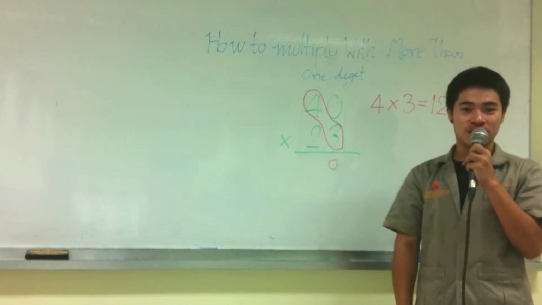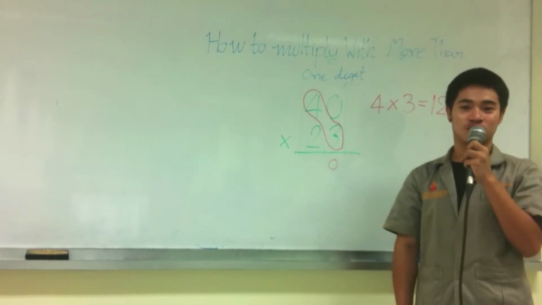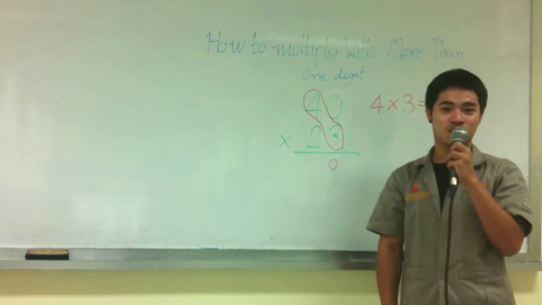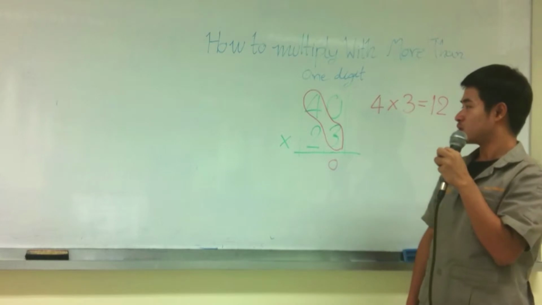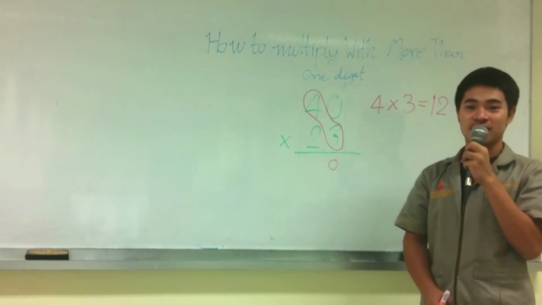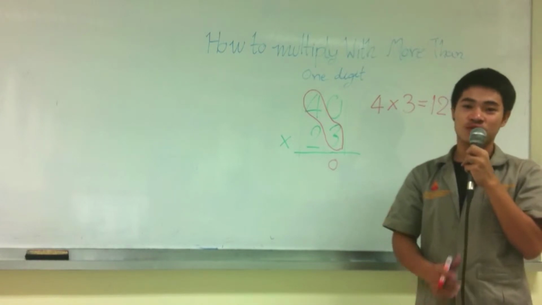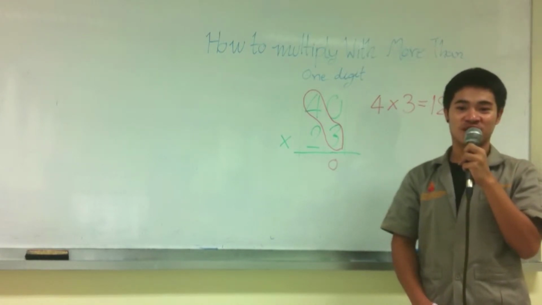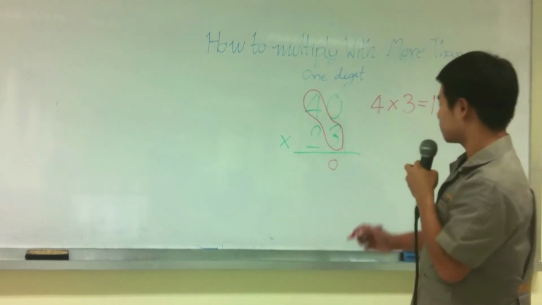The 2 in 12 will go directly below the 2 in 23, and the 1 in 12 will go in front of the 2. This will result in the number 120 being written below the line.